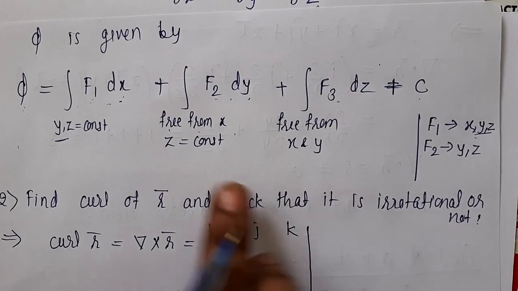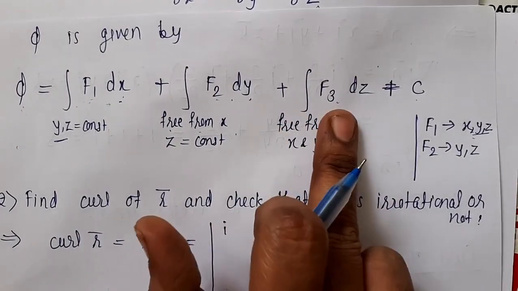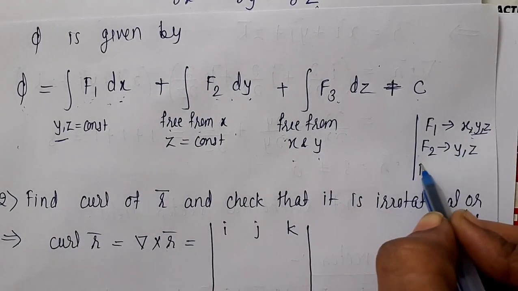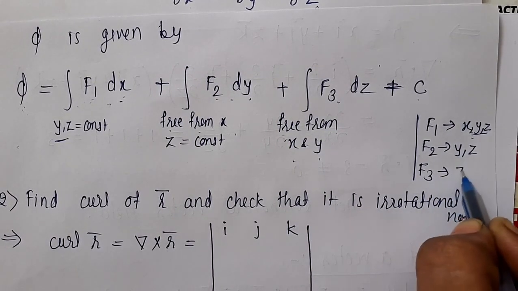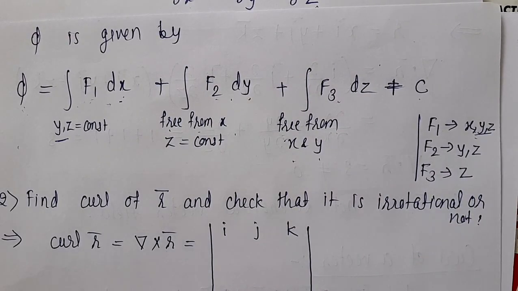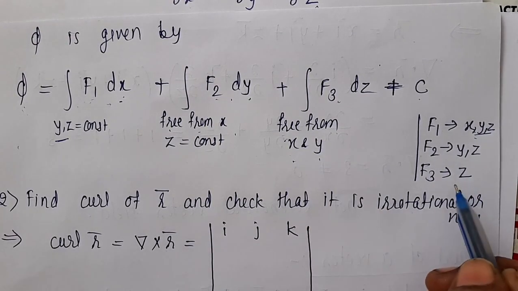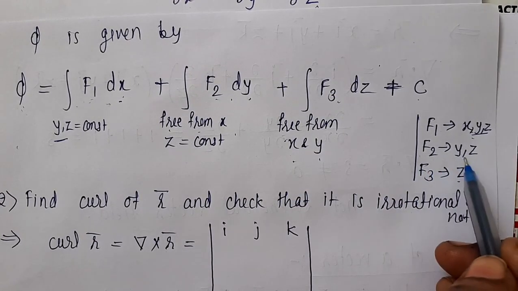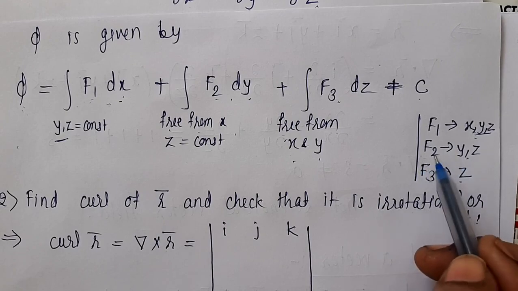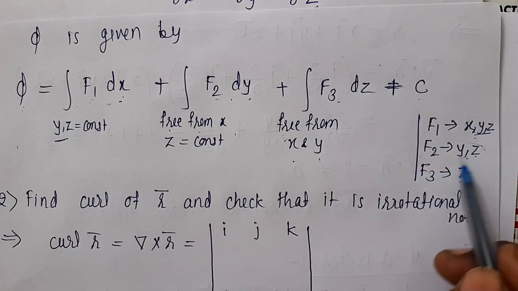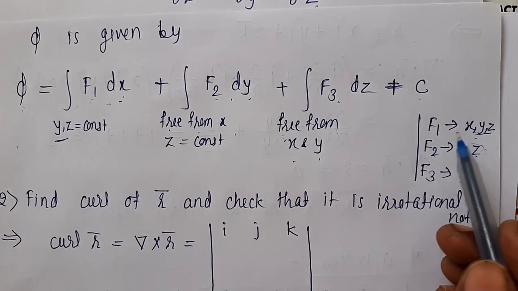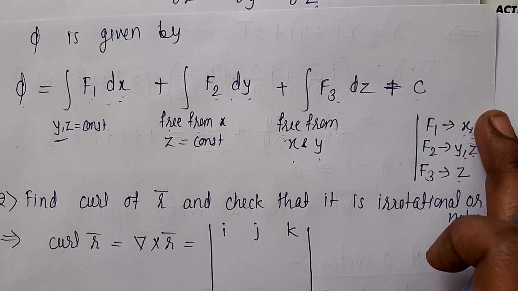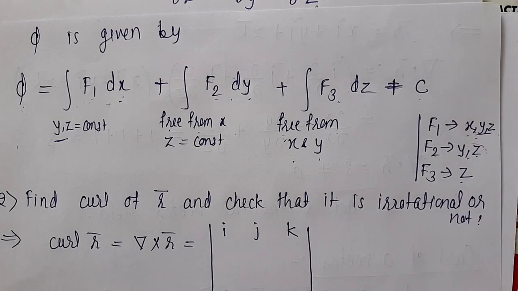Next, integration of f3 dz, free from x and y, means f3 is only a function of z. If it is not a function of z, then we directly write 0. Same for f2: if f2 is not a function of y and z, then we write f2 as 0. And f1 is a function of x, y, z, but we integrate only with respect to x by keeping y and z constant.